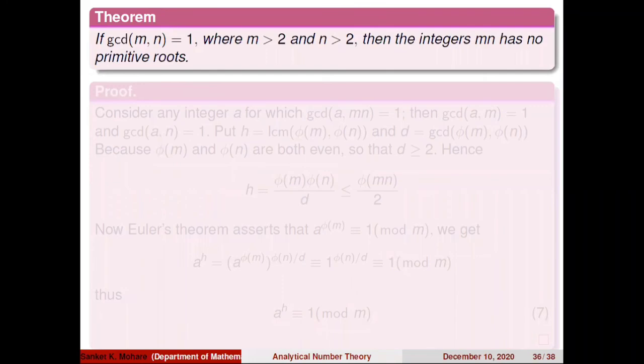Then if I take their product m into n, that product has no primitive roots. So let's have a proof.